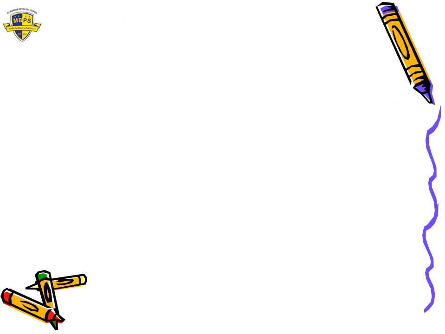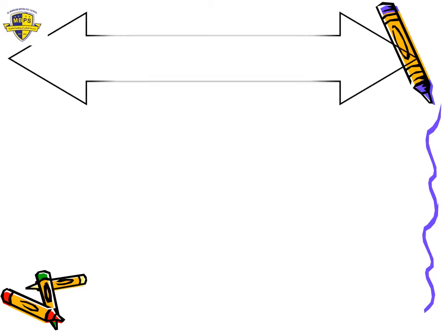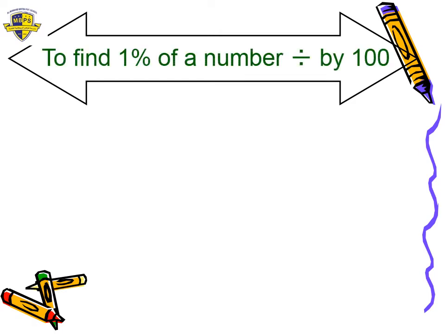Now let's start talking about numbers and how we can find the percent of any whole number. We have this rule, and we are going to use it for any number and any percent we want to find. The rule tells you to find 1% of a number, we divide this number by 100.